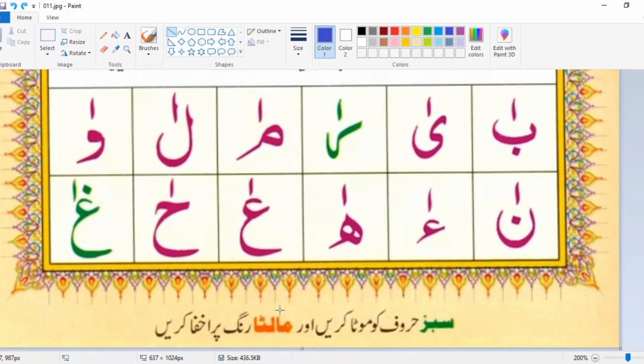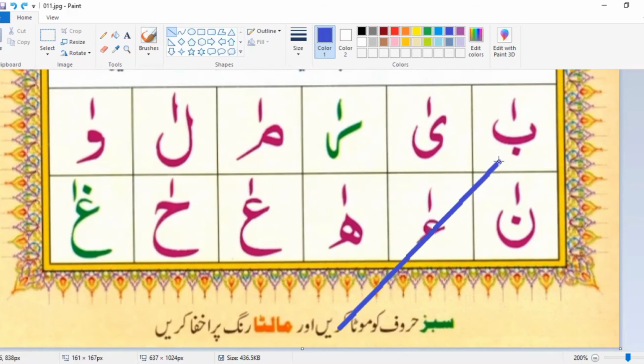So if a letter has got standing movement, you have to stretch for 2 seconds or equivalent to 2 movements. Like Ba standing fatha, ba. Same like we read ba alif fatha, ba with alif madda and ba with standing fatha.